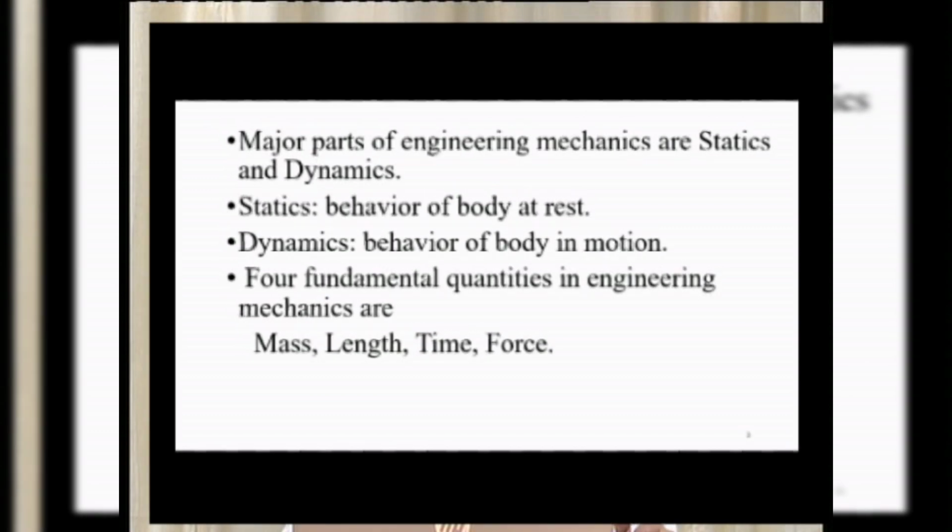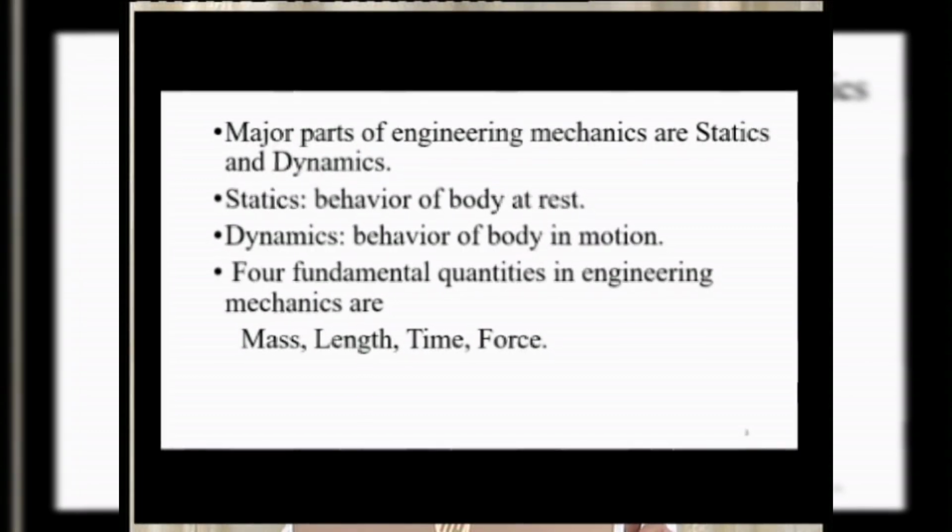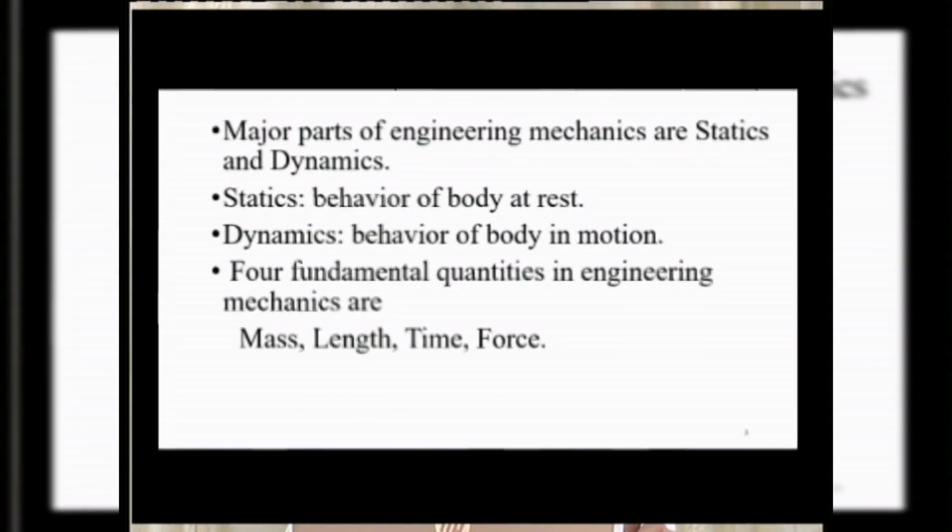The major parts of engineering mechanics are statics and dynamics. Statics is a branch of engineering mechanics where we study the behavior of a body at rest, and dynamics is also a branch of engineering mechanics where we study the behavior of a body in motion.